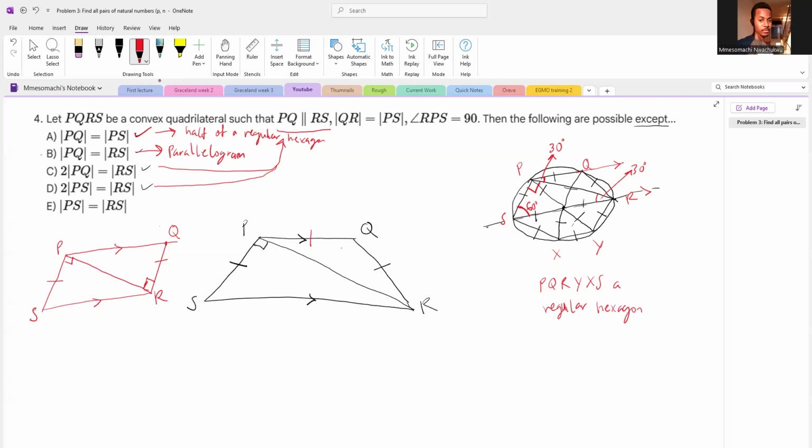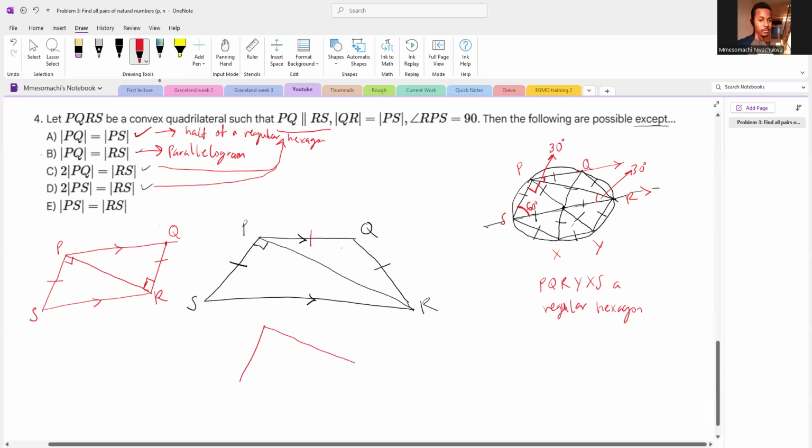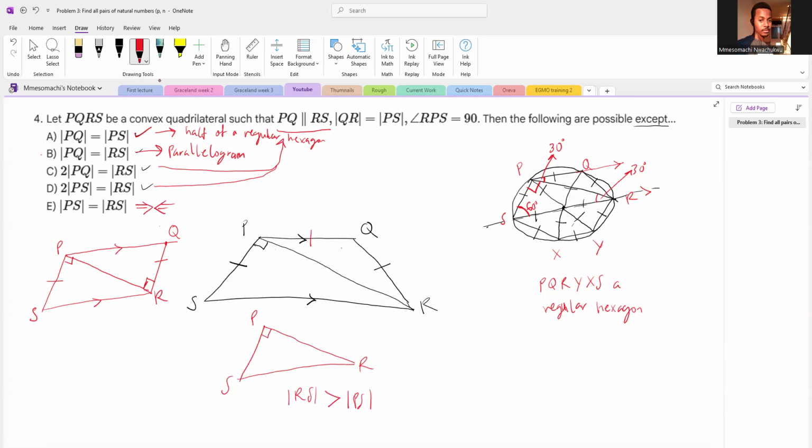If you look at the triangle PRS, it's a right angle triangle. Since it's a right angle triangle, the hypotenuse is the bigger side. So it's bigger than the other sides of this triangle, in this case, PS. So this is where we have a contradiction. Okay. So option E is not possible. But if you look at the other options, option B, a parallelogram, satisfies that. Options A, C, D, half of a regular hexagon, satisfy that.